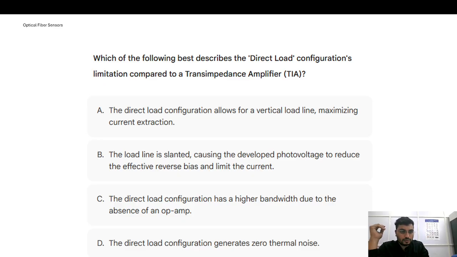Moving towards the next question, which of the following best describes the direct load configuration's limitation compared to the transimpedance amplifier? So options, please let me know what could be the answer for this.